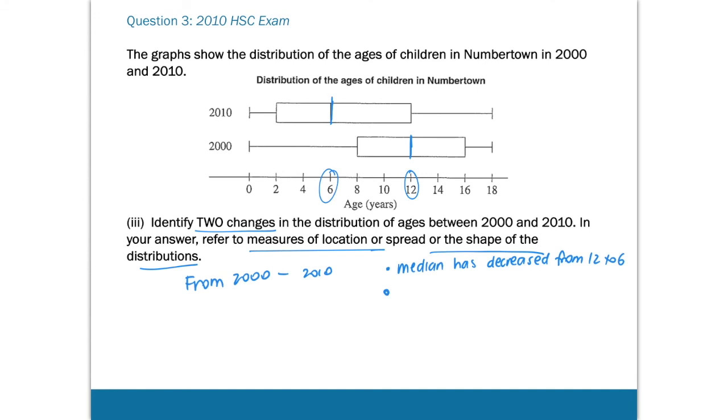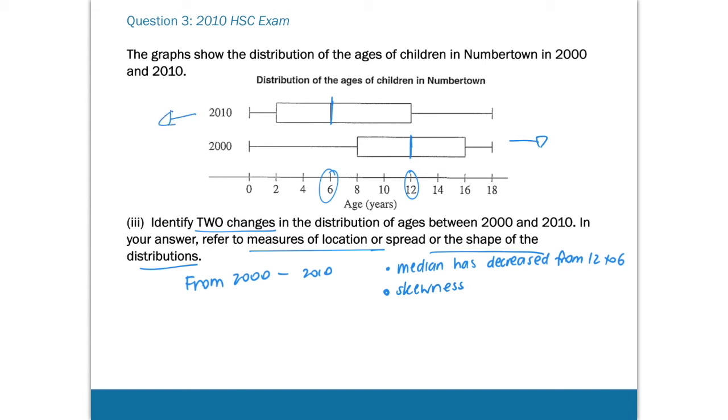Another point we can look at is the skewness. So that relates to the shape of the distributions. If we look at 2000, our box and whisker plot is relatively to the right. And then in 2010, it's relatively to the left.